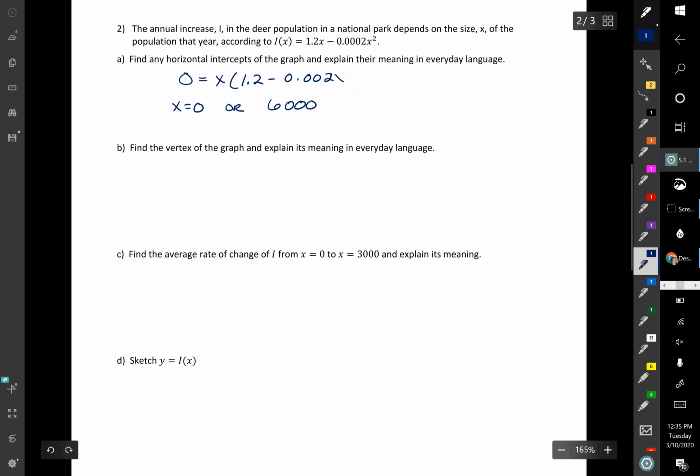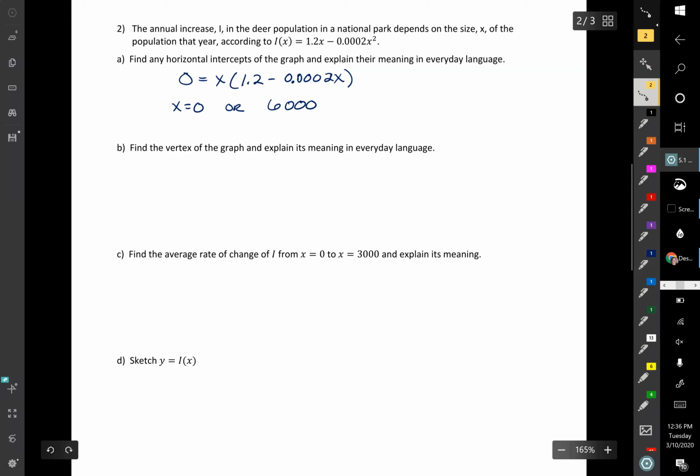Or if we set 1.2 minus 0.0002x equal to 0, then we will get 6,000. I'll clean that up a little there. Okay, I'm missing a 0 now. So we should have 0.0002x. To find the corresponding y values, to write these as points, you would just put them right back into the function.